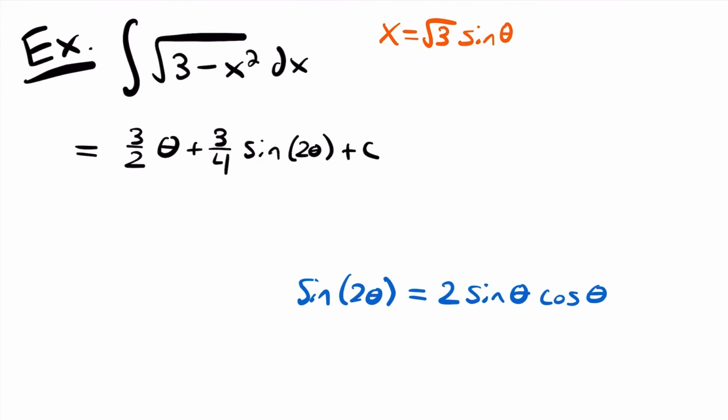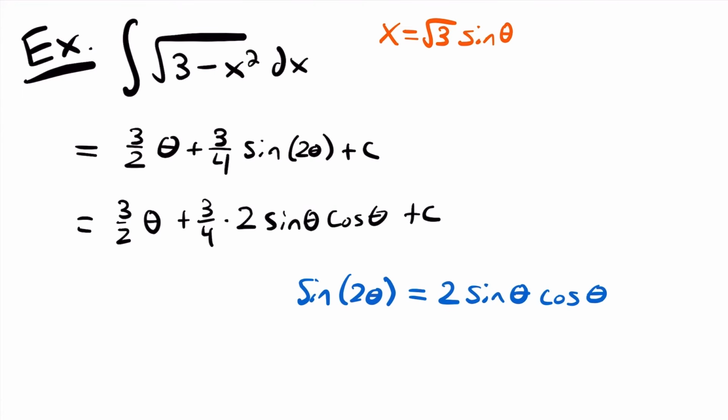And this is going to allow us to use two trig functions with just theta, not 2 theta, that we can express in terms of x by using the triangle that we will construct. And so we will rewrite this answer to be equal to 3/2 times theta plus 3/4 times 2 times sine theta times cosine theta plus c. All right, so we just replaced sine of 2 theta with 2 times sine times cosine, which is just using another trigonometric identity, specifically a double angle identity.